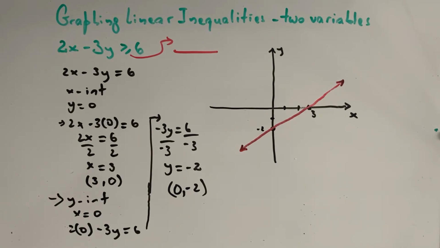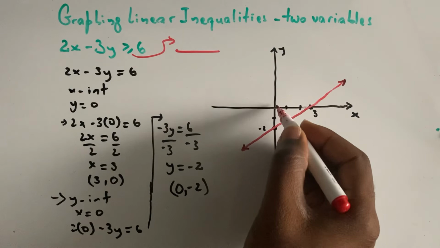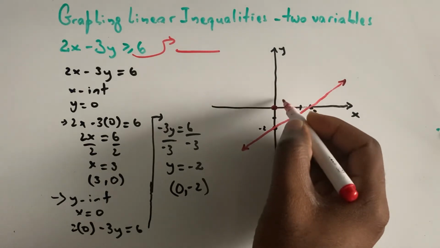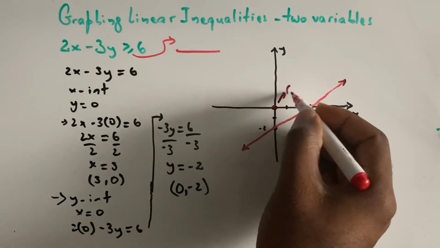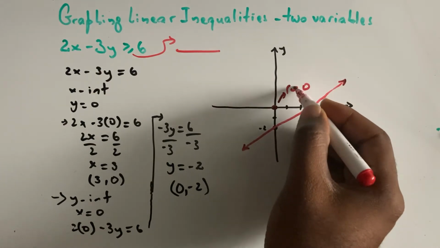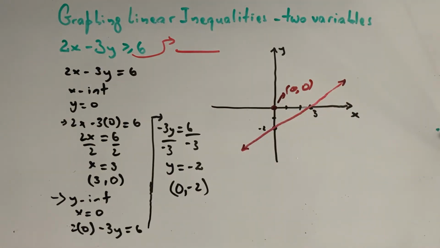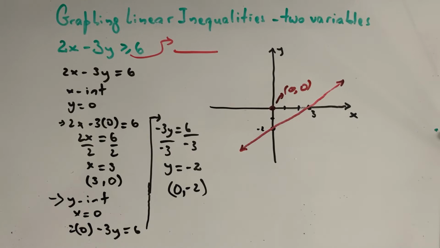The solutions, I'm saying. One thing you can do is use a test point, and this is the easiest method. Let's say I choose the point 0, 0. I can plug it into the inequality and see if it's true that the point is part of the solution.